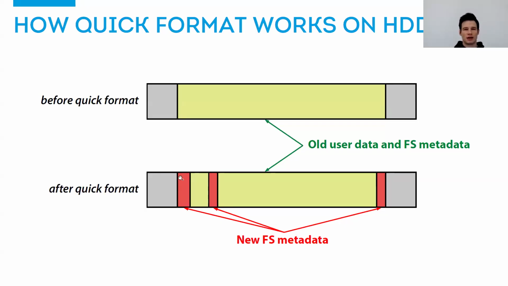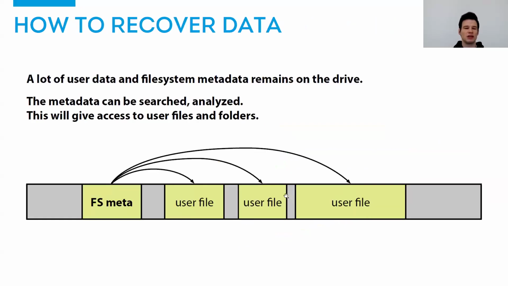The Windows operating system will just write the new file system metadata over the previous one. But most of the old user data and old file system metadata will still remain on the drive. Because of that, the metadata can be searched and analyzed, and this will give you access to user files and folders that seem like they are gone.